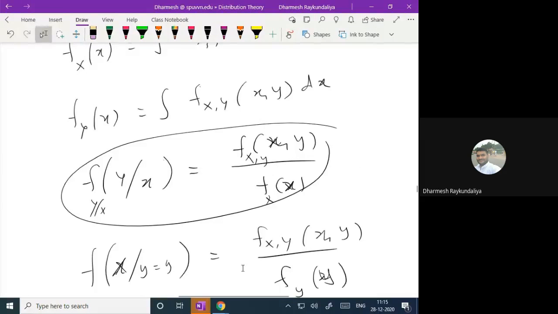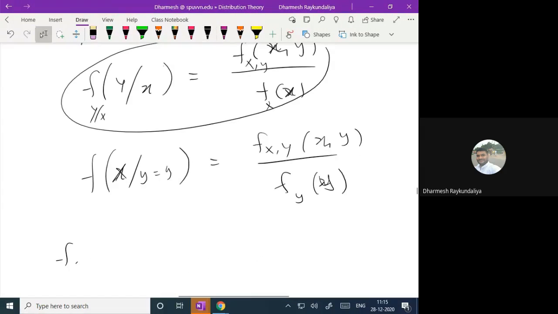So you can write in this way, the joint is nothing but the marginal of x into the conditional density of y given x equal to x. Can we write this?